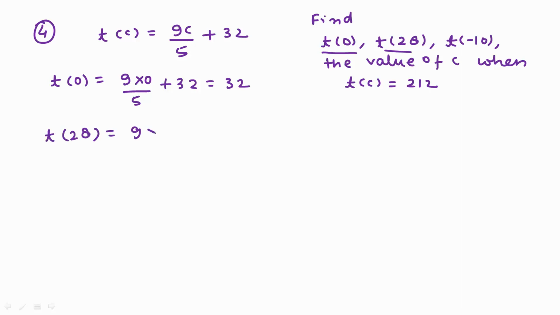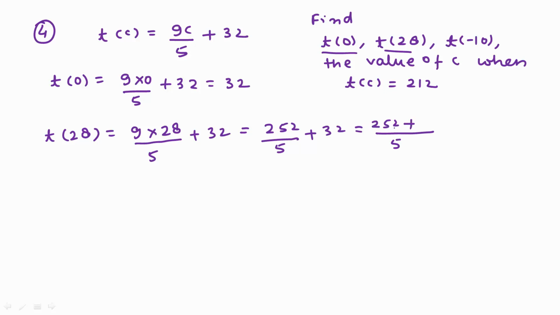So 9 into 28 upon 5 plus 32. 9 into 28 is equal to 252 upon 5 plus 32. Taking LCM, the LCM will be 5. This will be equal to 252 plus 5 multiplied by 32, which is 160, equal to 412 upon 5.